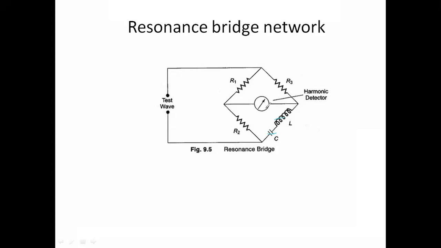Generally, these meters are thermocouple meters, which indicate the RMS value of the harmonics. It reads the RMS value of the applied input signal, and that harmonics value represents the total harmonic distortion present in the test signal. Okay.